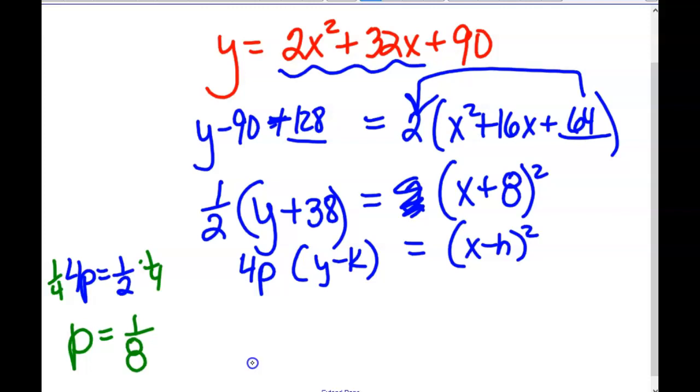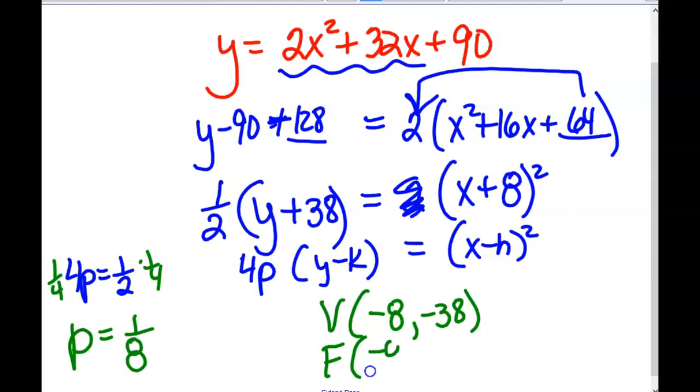It is very narrow, but it also means you have to find like -8, -38 would be the vertex. And the focus is only 1/8 of a point above that, and the directrix is 1/8 of a point below that.